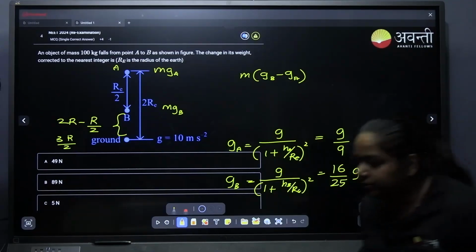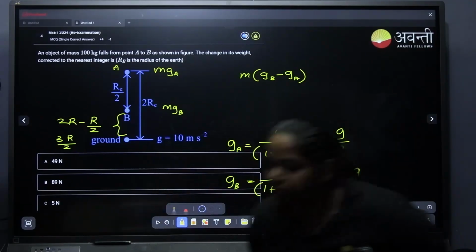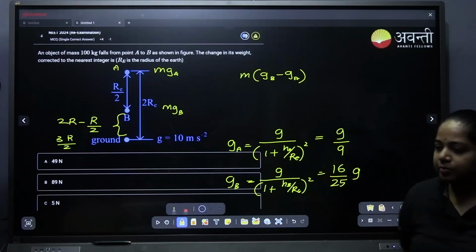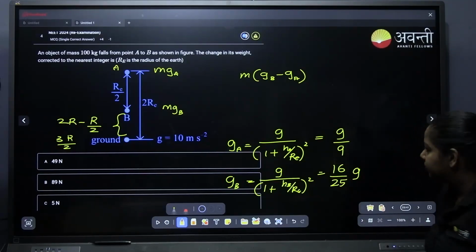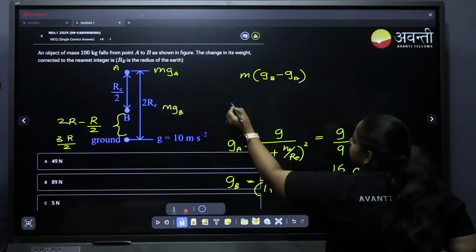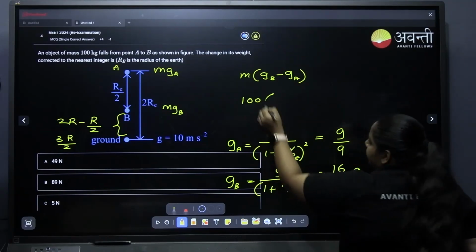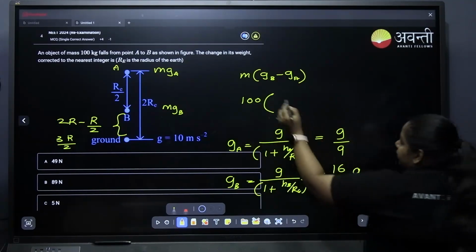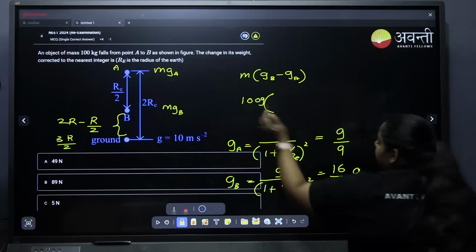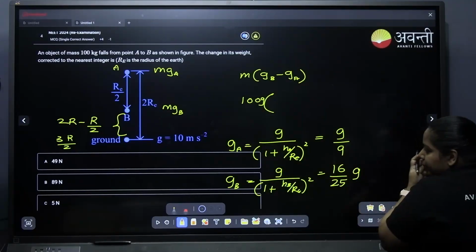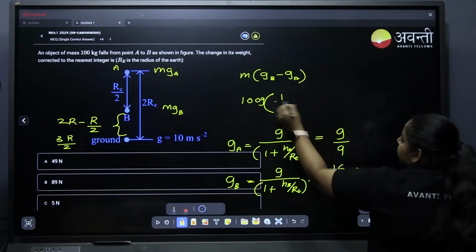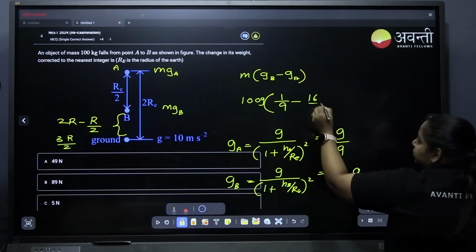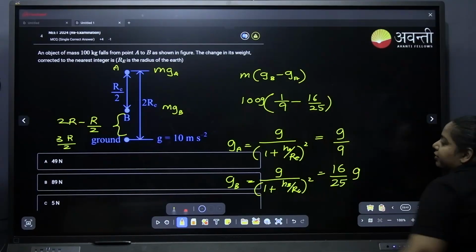Anyone got the answer? So this will be equal to 100 g into (1 by 9 minus 16 by 25).